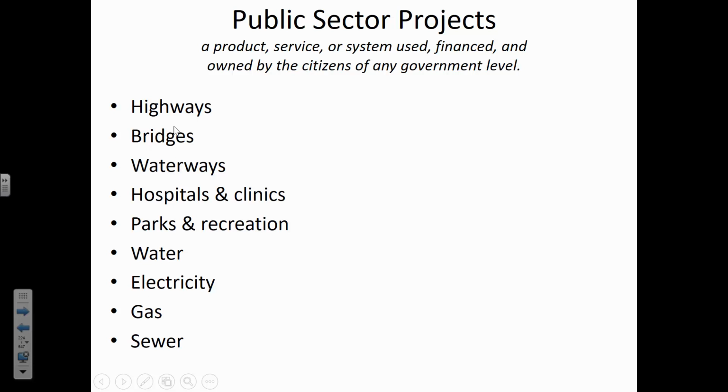Some of these things have a toll. There could be a toll bridge or a toll road, but not all of them. Some of them generate revenue, like public utilities that are selling water to their customers. They do charge the customers, and so it's not always the case that no money is changing hands, but in some cases they're not charging as much as they could.